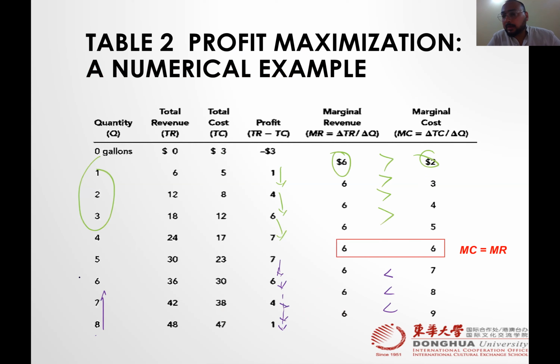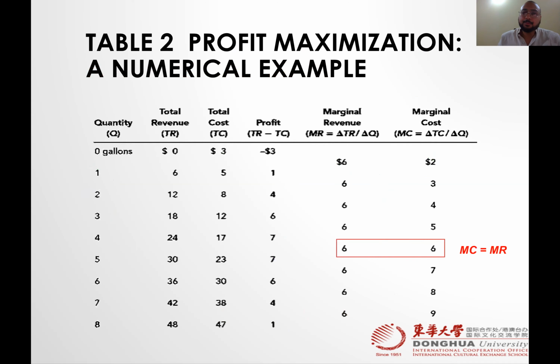So we will say that remove the night shifts, evening shifts, because we need to cut our production, right? So that we are at MC equal to MR and we enjoy the maximum profit.